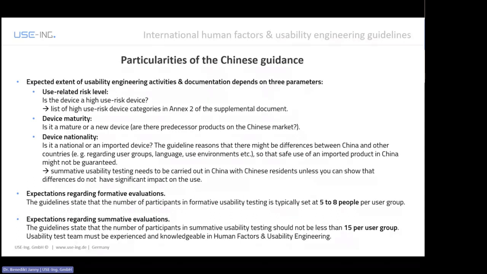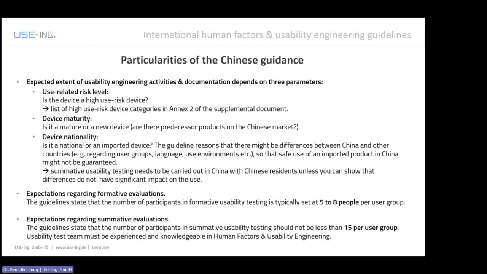For your interest, there's a list of high use risk device categories in Annex 2 of the supplemental document, the second document of the guidelines I presented to you. So the use risk level is the first parameter to tailor your usability engineering activity.